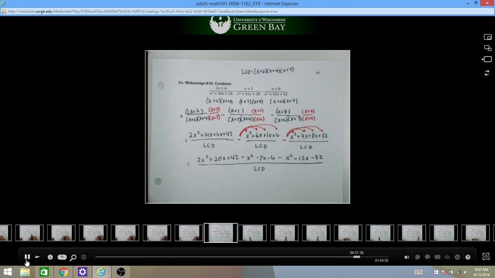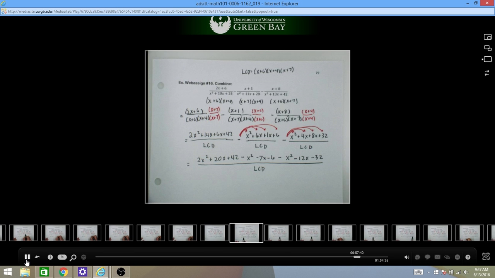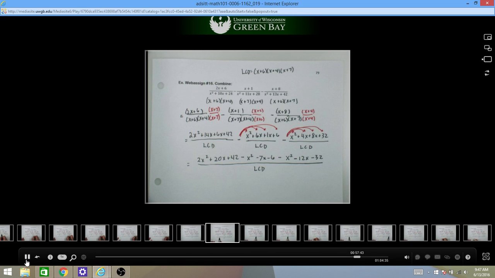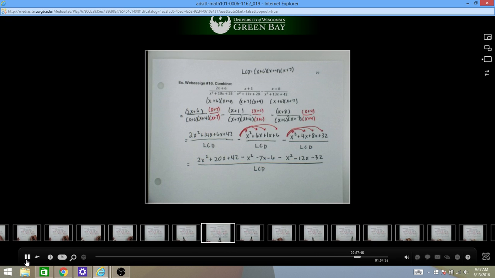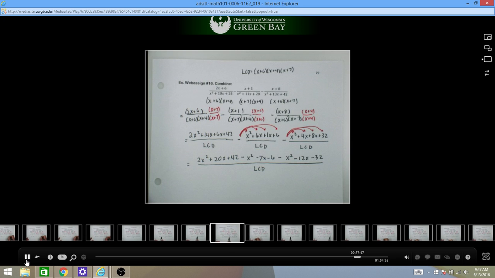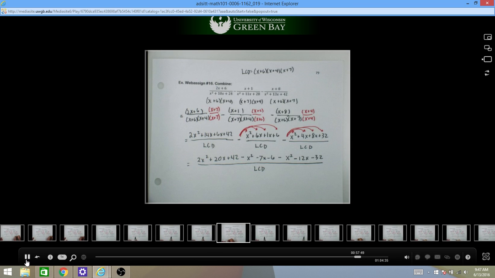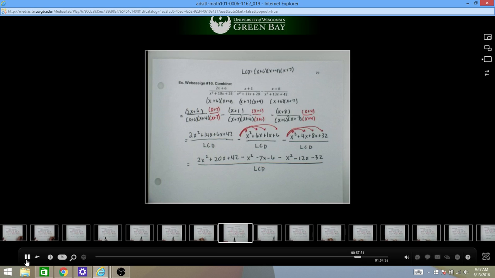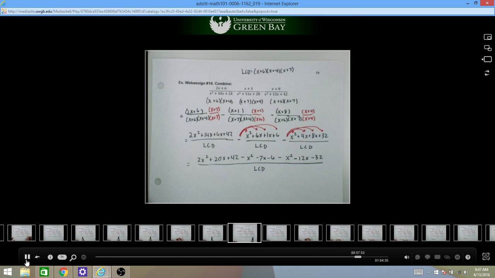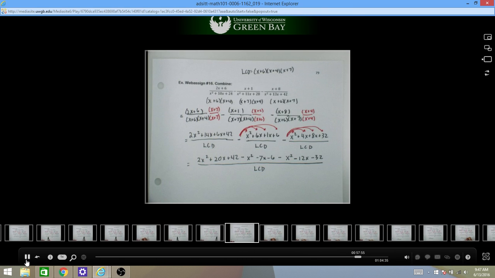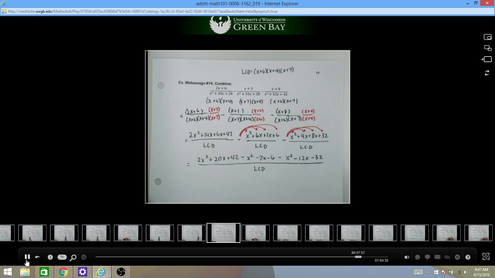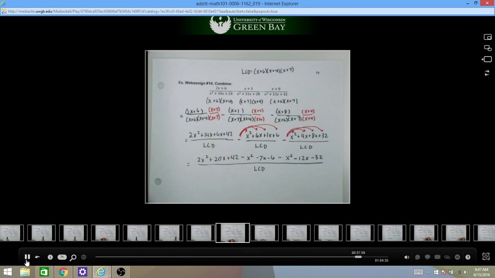A lot of students will make an error there, so be careful with your subtraction. Okay, well, what do we get when we add these all up? We get x squared adding to 0, 20x minus 7x minus 12x, so that's just x. 42 minus 6 minus 32, so that's 4.